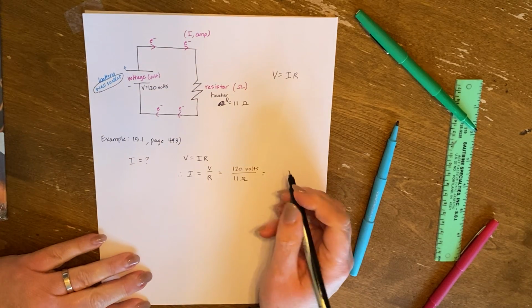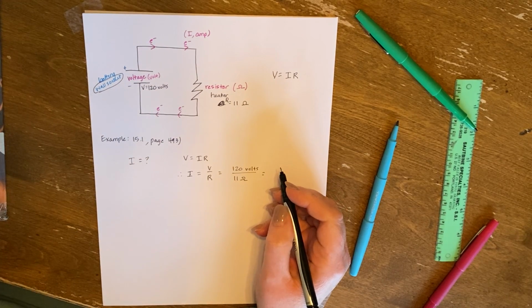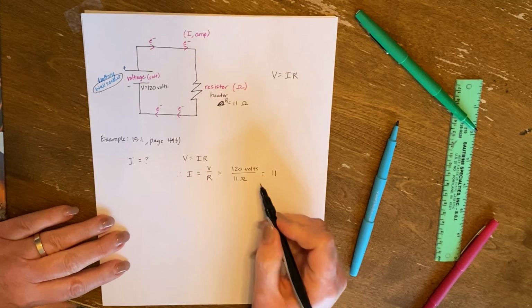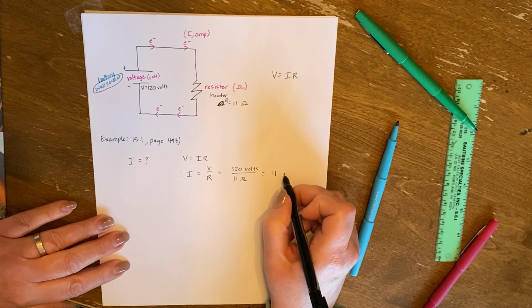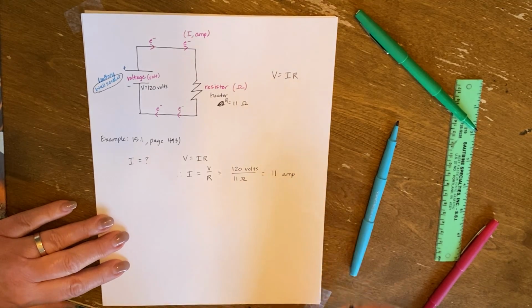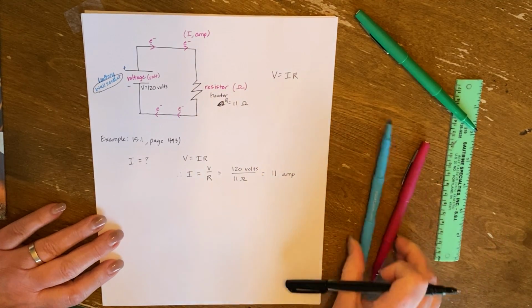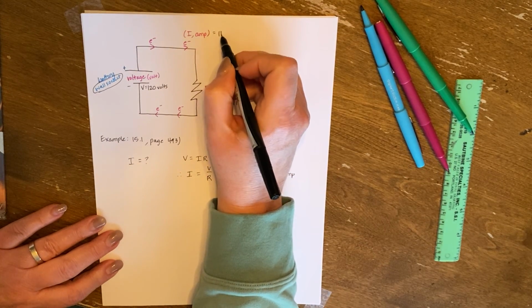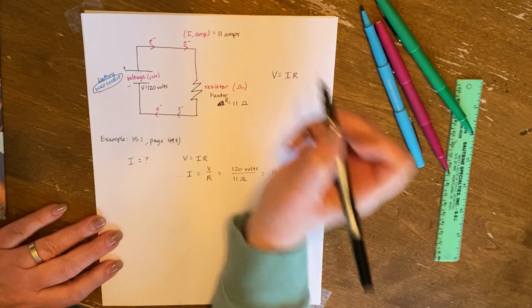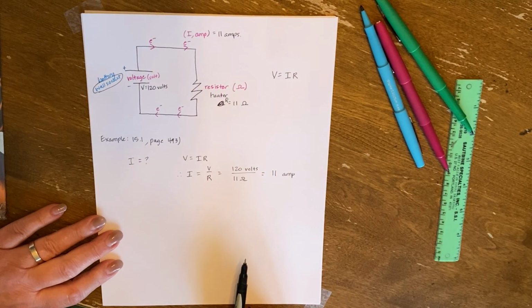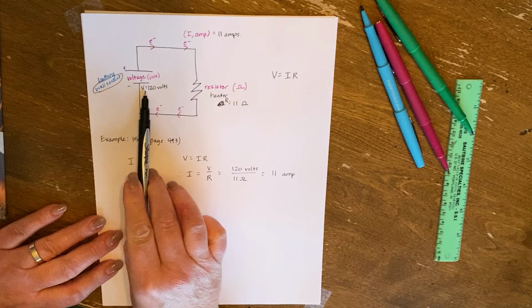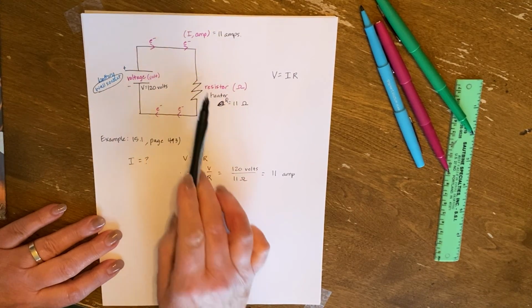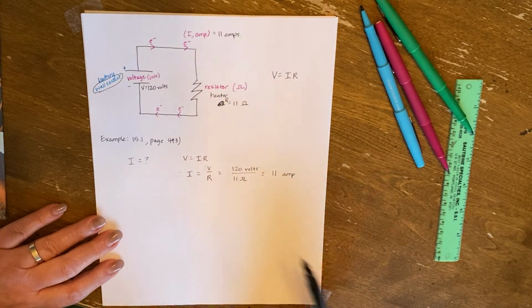If we do the math out, 120 divided by 11, we are going to end up with 11 volts over ohms, and I know that volts over ohms is the same as an amp. So my current in this case is 11 amps. My wall socket is providing 120 volts, my current is 11 amps, and my resistor is 11 ohms.